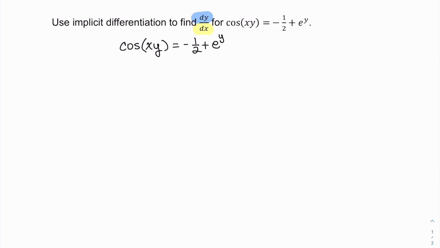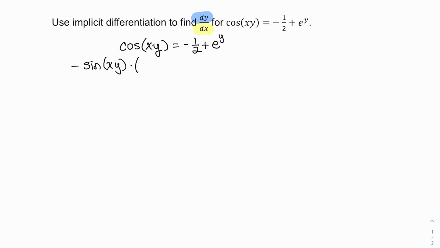On the left-hand side of the equal sign, I have the cosine of the angle xy. Now remember, the derivative of cosine of an angle is negative sine of the angle times the derivative of the angle. Now the derivative of xy is the derivative of a product, so I'm going to need to apply the product rule.